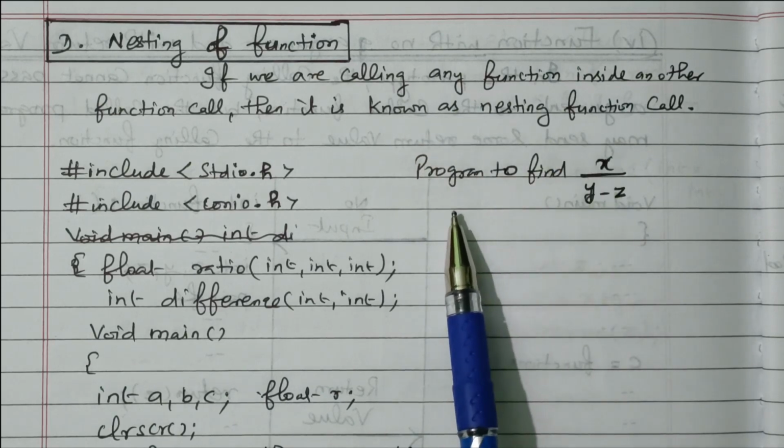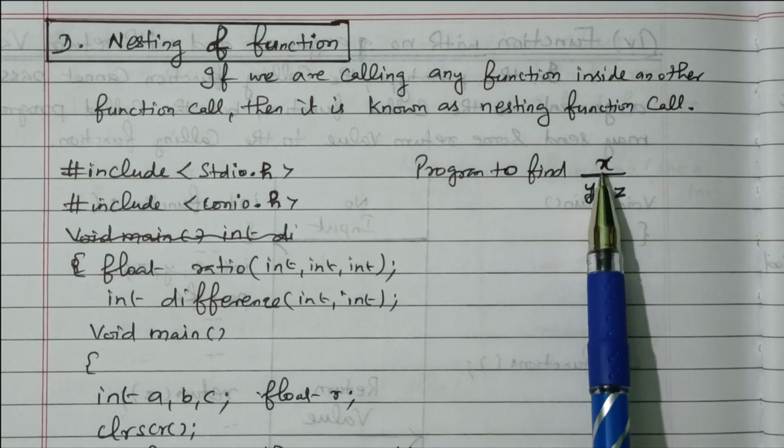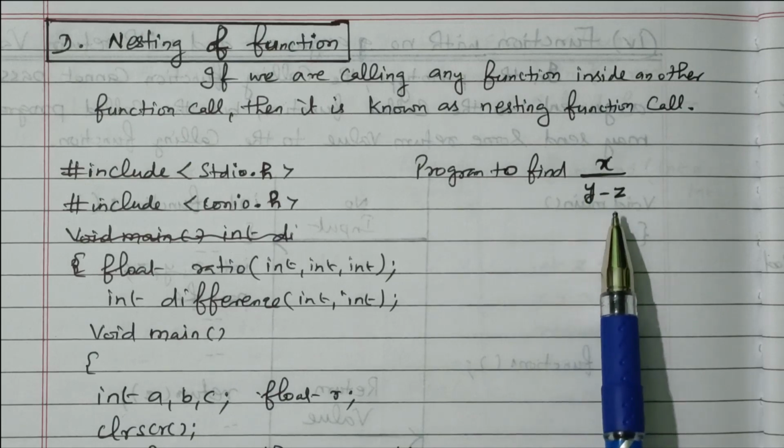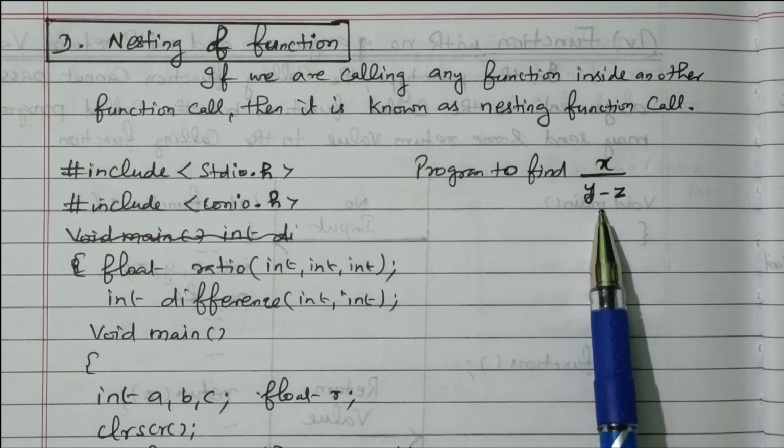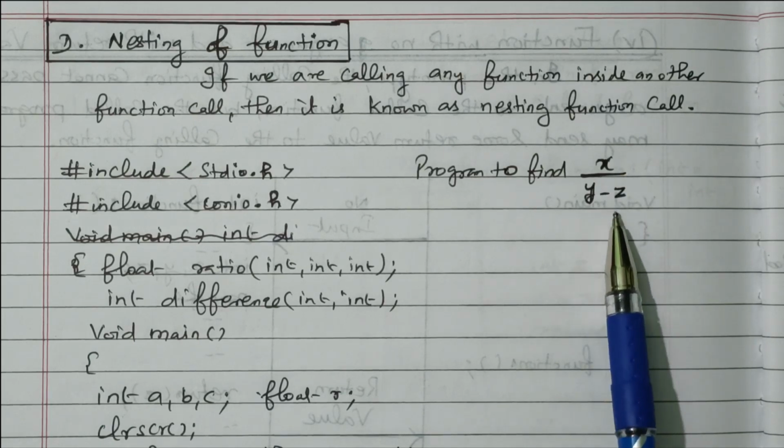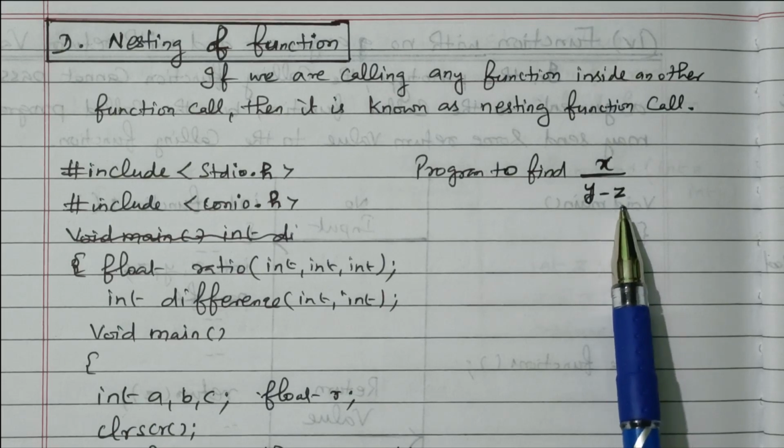Now we will see the example program to find the value of x divided by y minus z. So finding x divided by y minus z is the one function. Inside we are calling one more function, that is to find the value of y minus z, because if y minus z is 0, it becomes infinite. We cannot perform this expression.